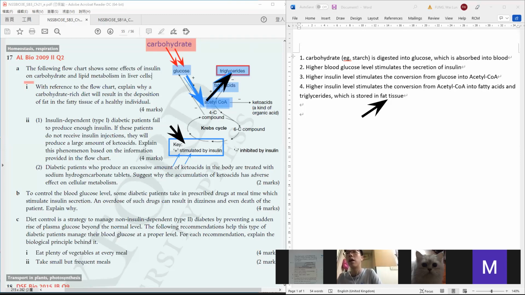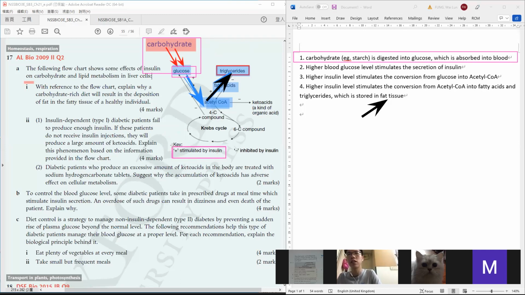First point, carbohydrate is digested into glucose. Second point, glucose stimulates the pancreas to secrete more insulin.